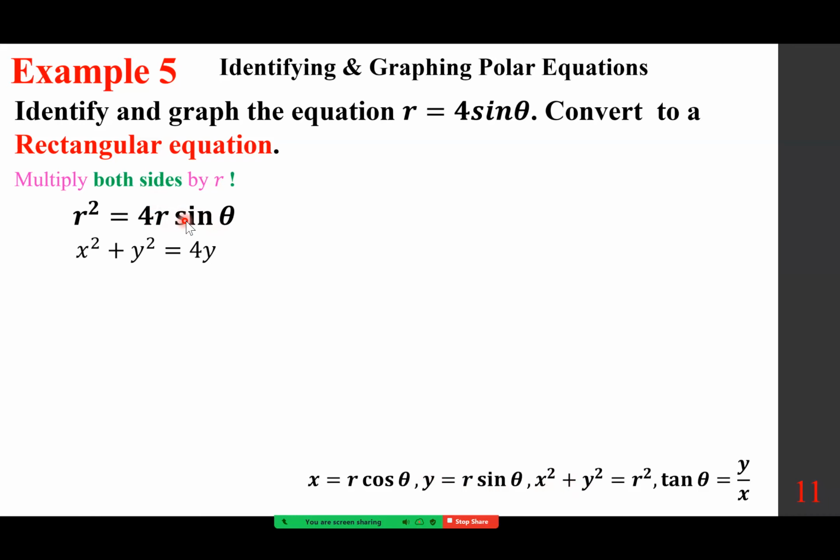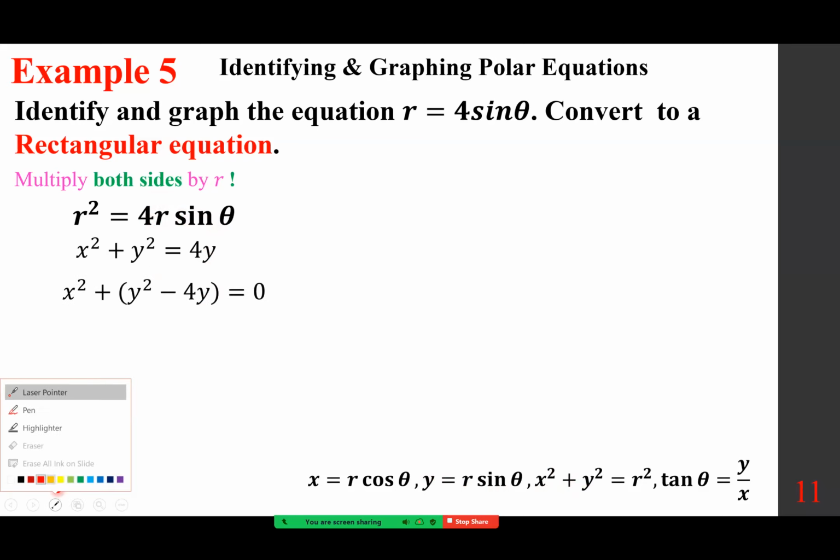You have to come up with details, meaning we are going to move the 4y to the left, it becomes negative 4y. We are going to complete the square. This is b. B divided by 2 is negative 2.